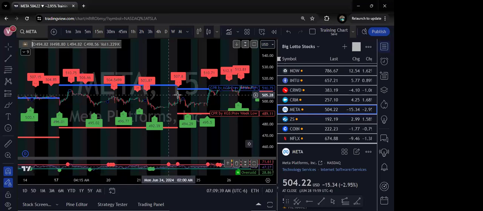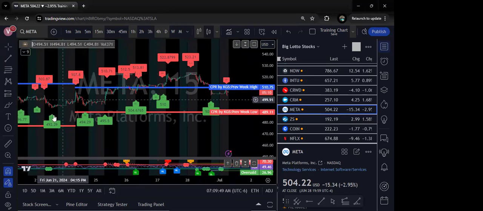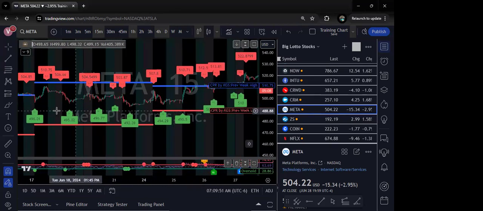So it was consolidating, just going sideways. And then last week we hit 523. So you're looking at it going above 523 or going down. Two weeks before, the low was 492. That's what you're watching for.